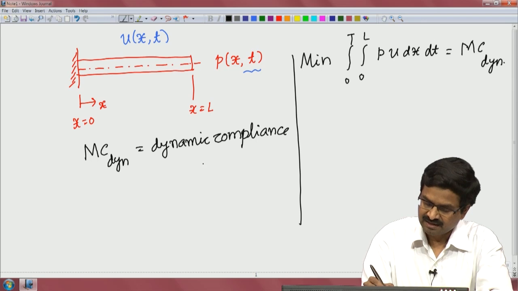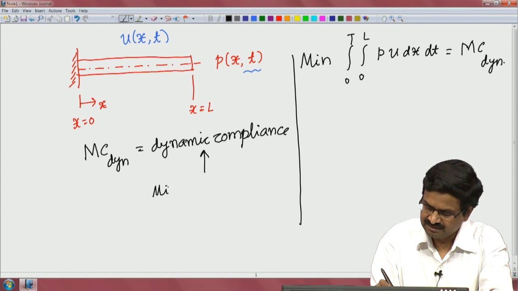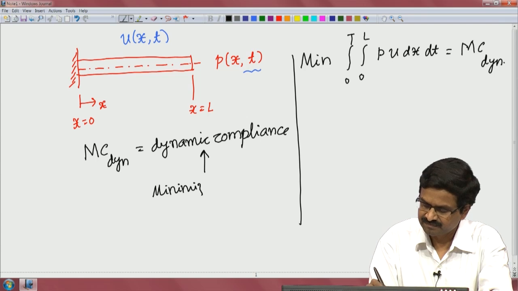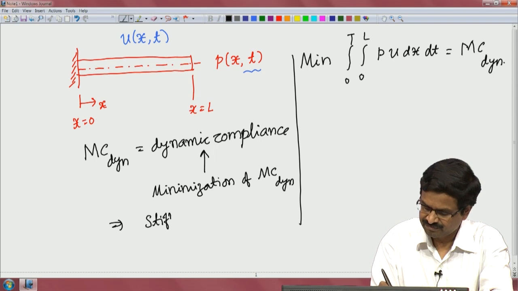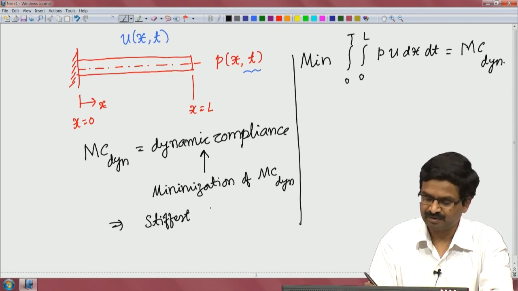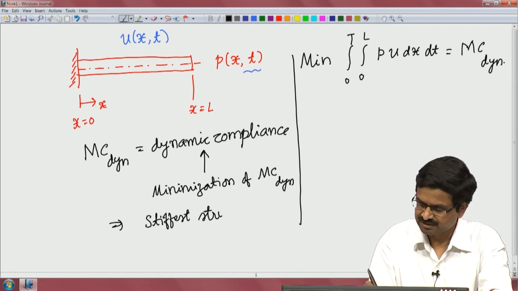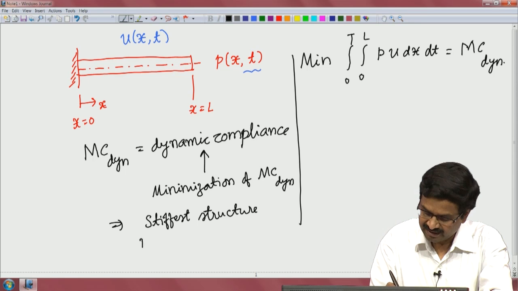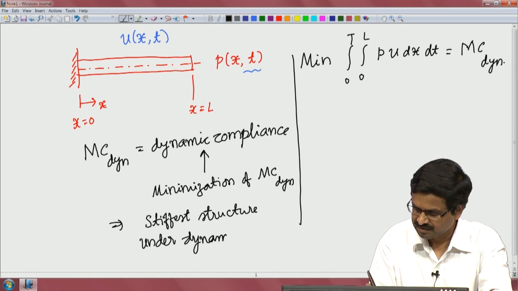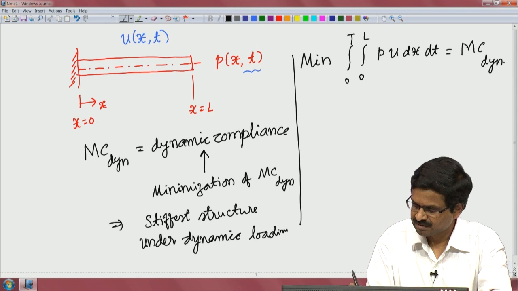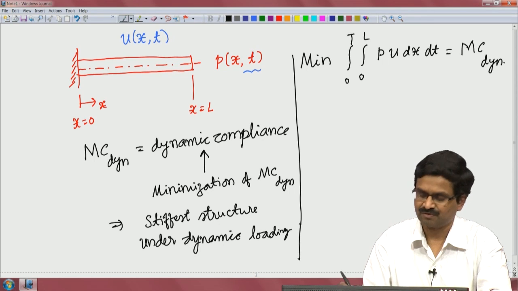If you minimize this dynamic compliance, minimization of MC dyn implies the stiffest structure, because we are doing an optimum, stiffest structure under dynamic loading. That is what we will have.